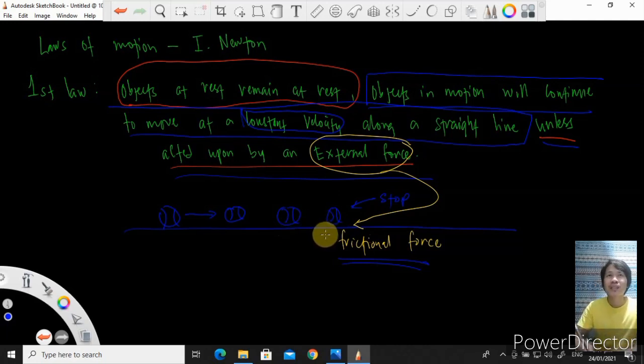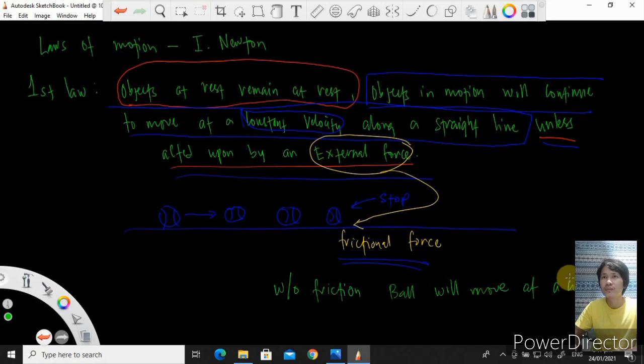Okay ba yan? So, the point is, without friction, this ball will move at a constant velocity along a straight line.